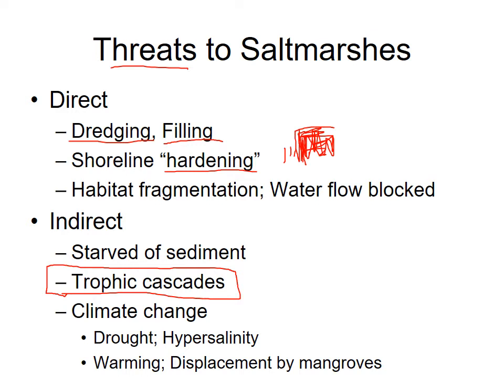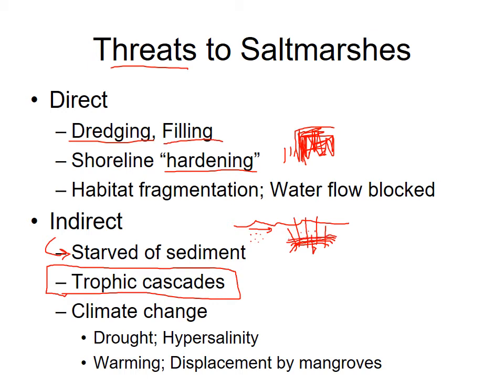Another thing that humans do that can kill salt marshes is starve them of sediment. Salt marshes don't actually eat sediment, so starved is a little bit misleading potentially, but salt marshes accrete sediment. So here's a salt marsh, and here's the sediment. As water full of particles of sediment flows onto the salt marsh, those particles tend to settle down and contribute to this layering up of the sediment in the salt marsh.